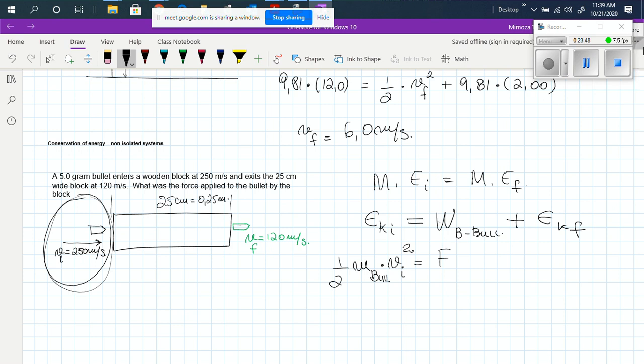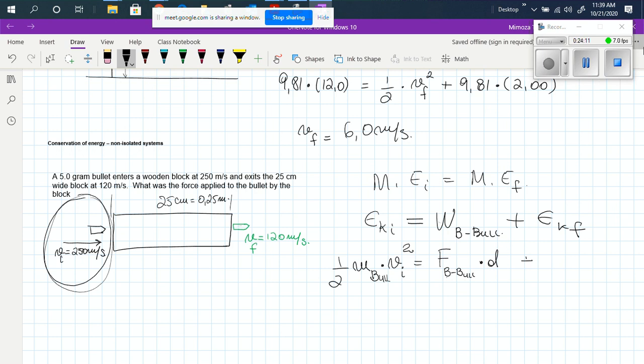So there will be a force that the block is exerting onto the bullet. We can say, for simplicity, force of friction between the block and the bullet, times displacement.